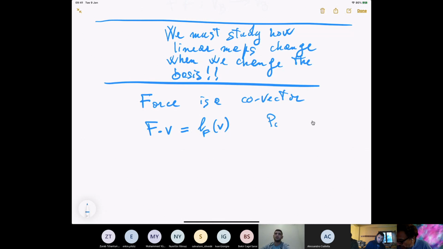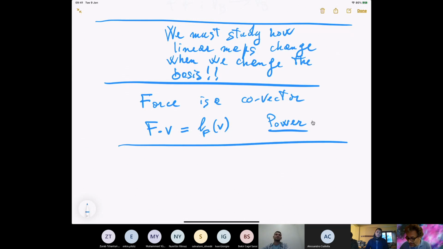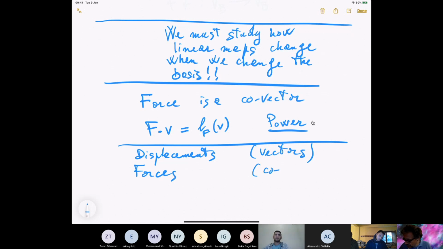The definition of power gives you naturally a linear map from the space of velocity into real numbers. So you have displacements, which are vectors, and forces, which are covectors.